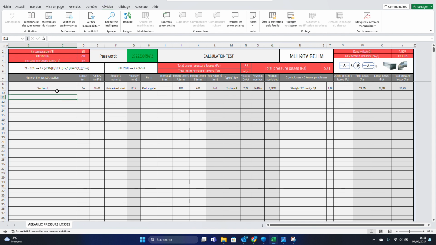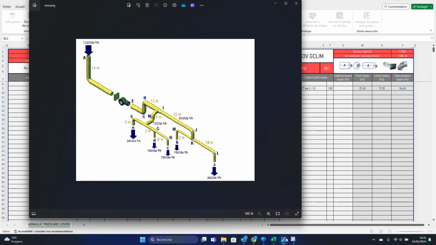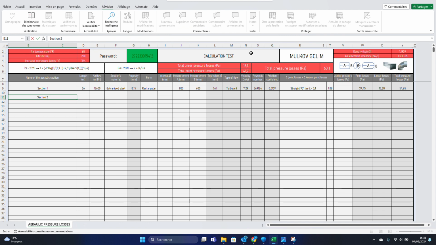Now we are going to calculate the section 2. The section 2 is this one. The airflow is 5,400 and the length is 32. And we've got just one elbow and one bifurcation T. So 32, the airflow is this one.